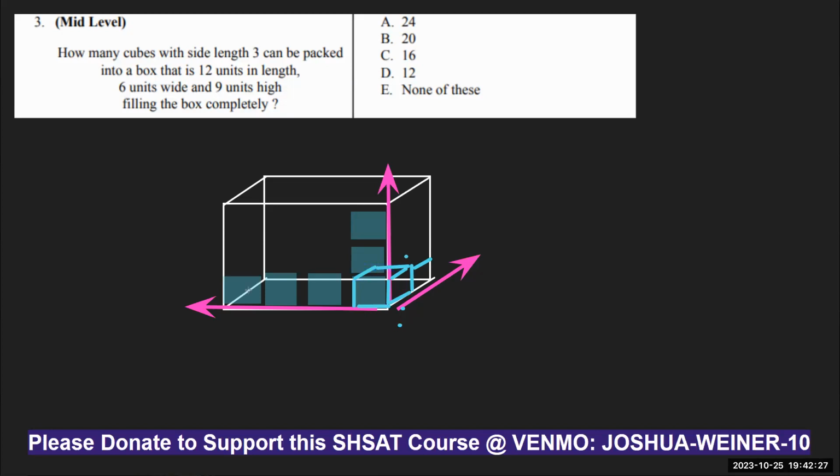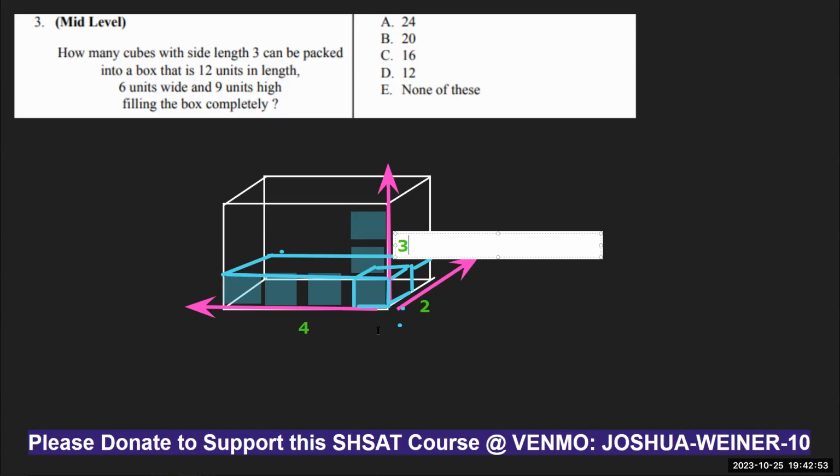But if you visualize with me, this is the bottom layer of boxes, like if you were packing a trunk or foot locker, like so. This is the bottom layer, which looks like it will fit 8 blocks. Let's make sure that's right. It'll be 4 blocks in this direction because the total distance is 12. It'll be 2 blocks in this direction. So 4 times 2 is 8 blocks on the bottom level, but then there's 3 levels.